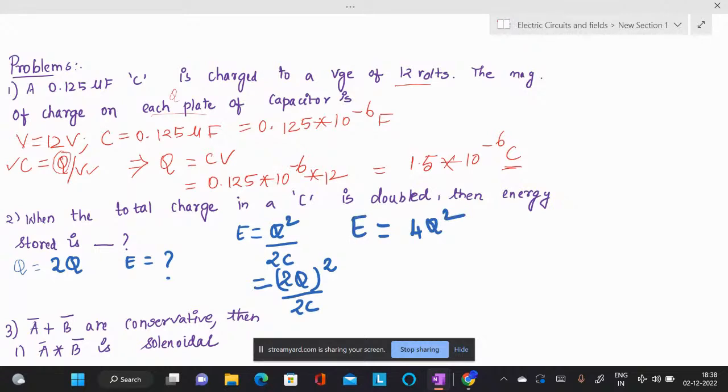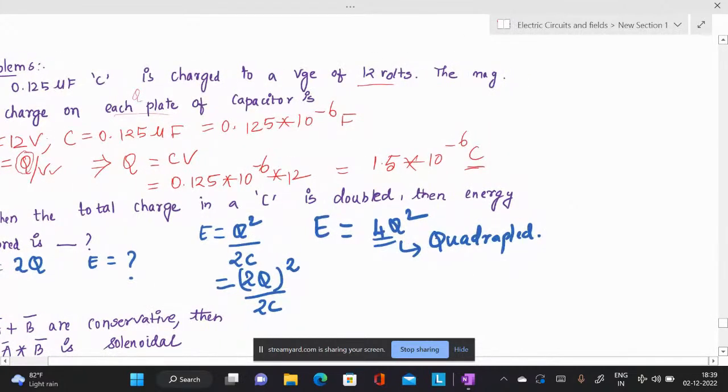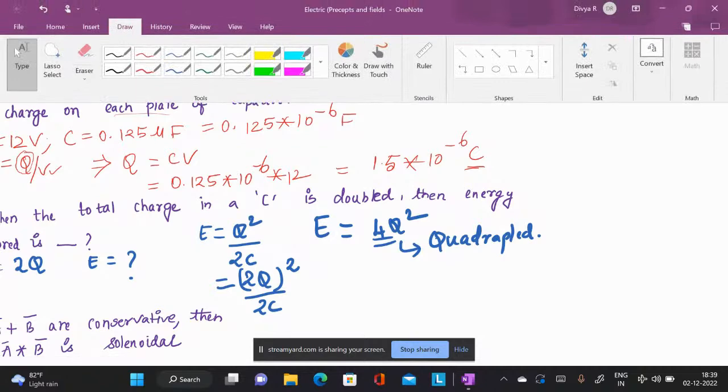So if we double q from the initial value, it will be quadrupled. We say quadrupled for 4 times. Isn't it 2q square? No, it becomes 4q square. So E equals 4 times the original value.